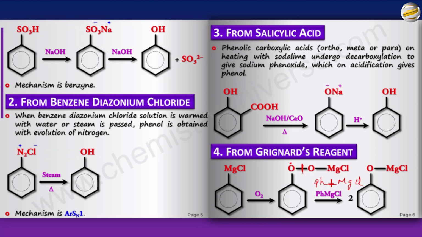This O dot combines with this MgCl dot. And this O dot MgCl combines with the Ph dot that you'll get. And you get two molecules of PhOMgCl. Now it's just a matter of acidification, because this is a salt of phenol. And you will find acidifying this would give you phenol.